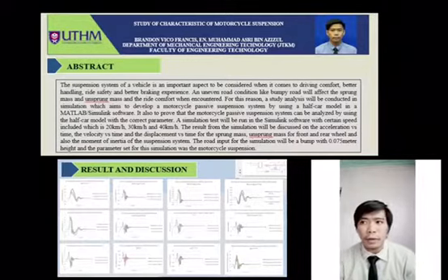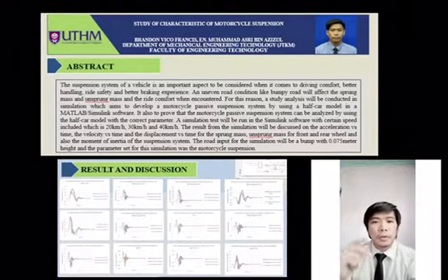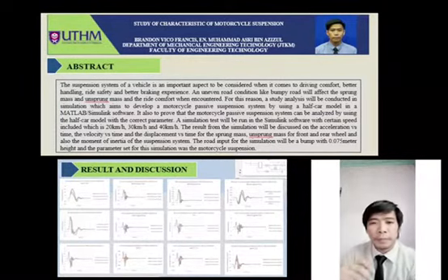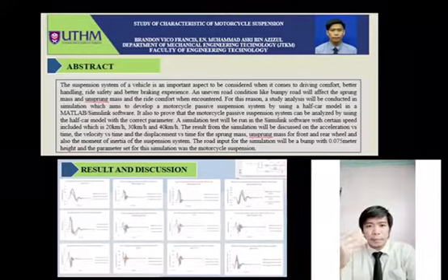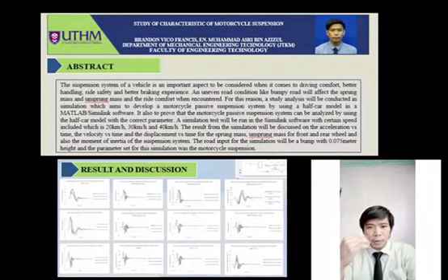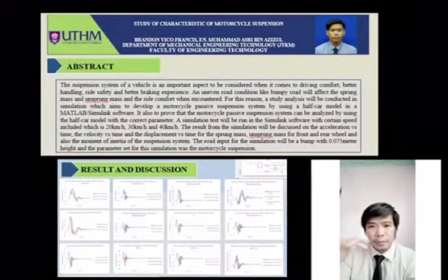This is because the increasing travel speed causes the bounce of the sprung mass to be much lower than at lower speeds, which causes more bouncing or more displacement in the sprung mass. And one of the factors that affects the bouncing of the sprung mass is the weight of the sprung mass itself.